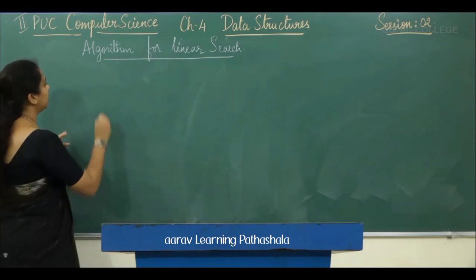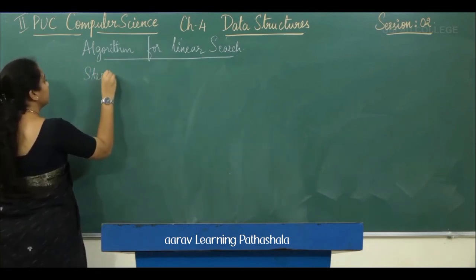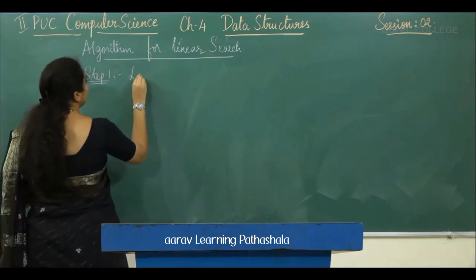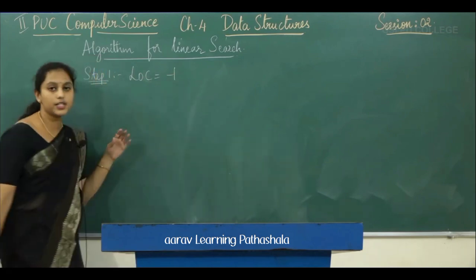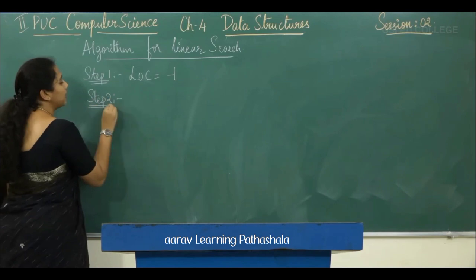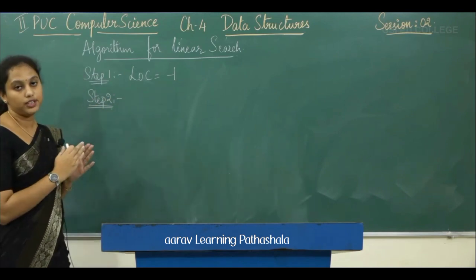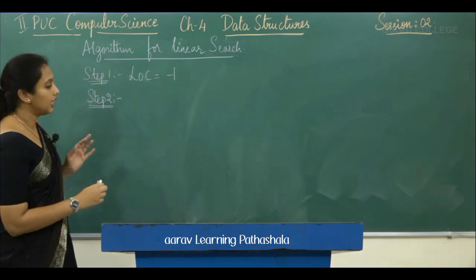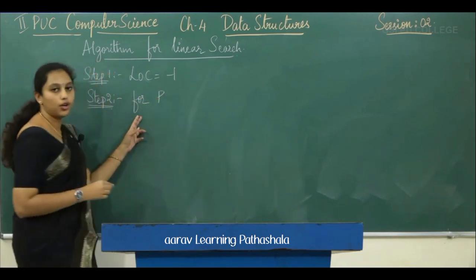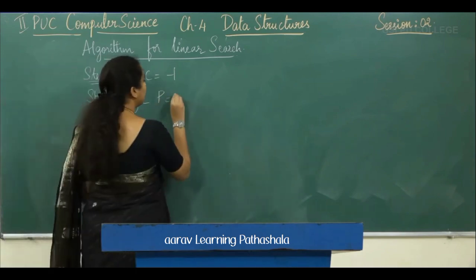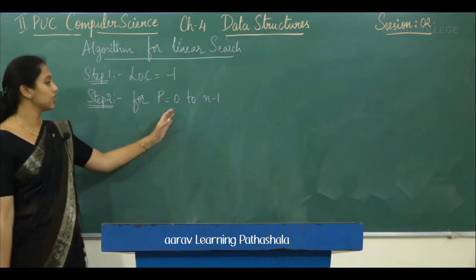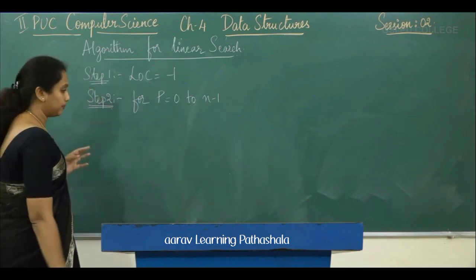What is the first thing? Before starting the comparison, the location is -1. In step 2, it starts comparison from the first element of the array till the last element. Hence we are going to use a for loop, where P is the location of an element: for P is equal to 0 to n minus 1.